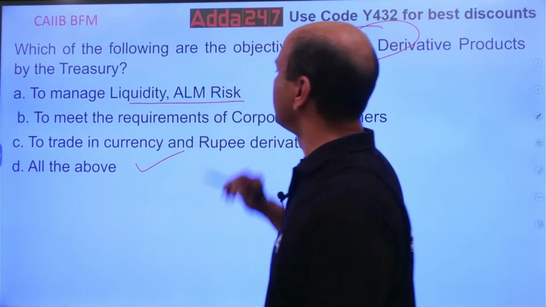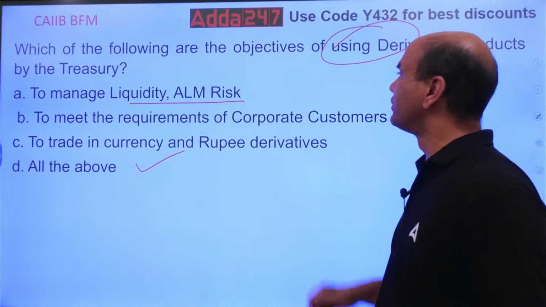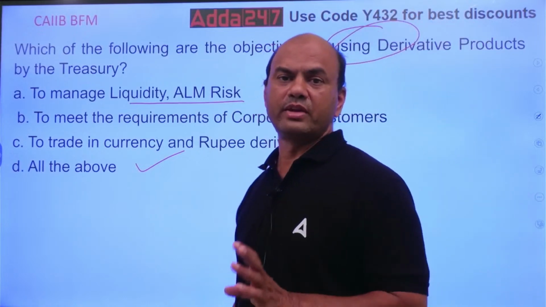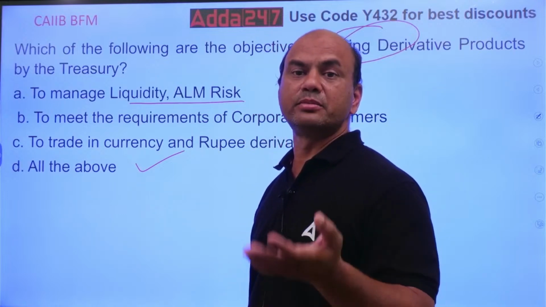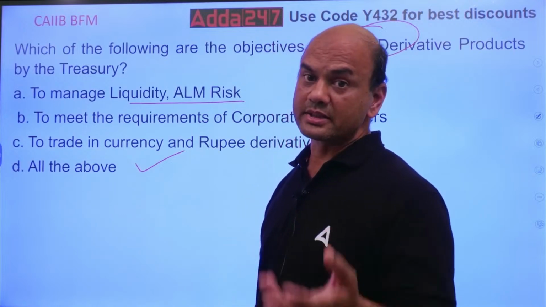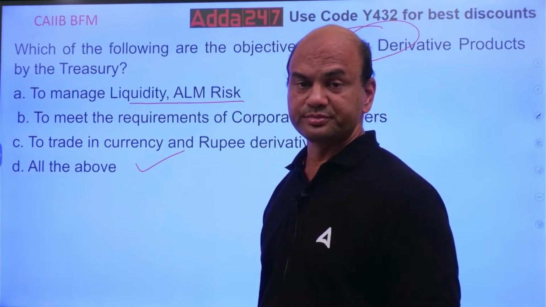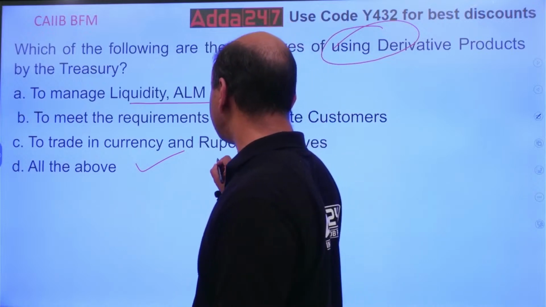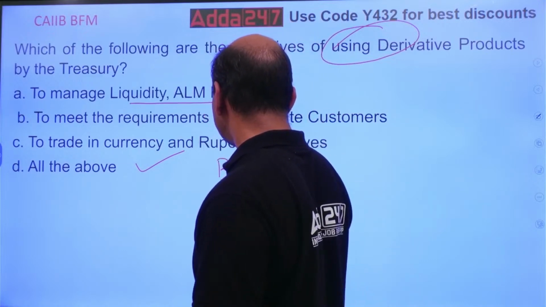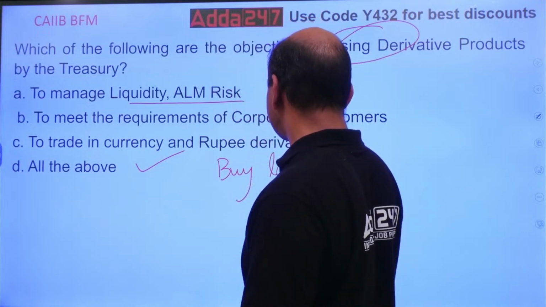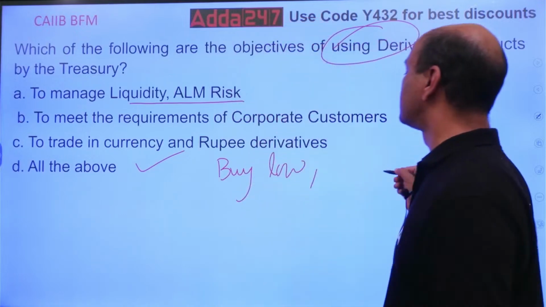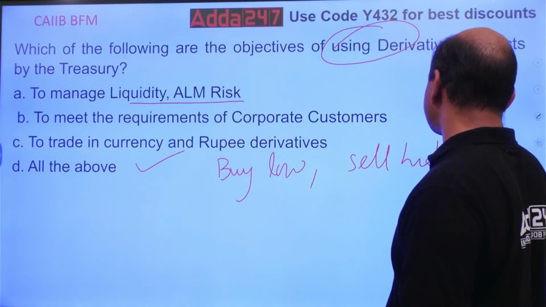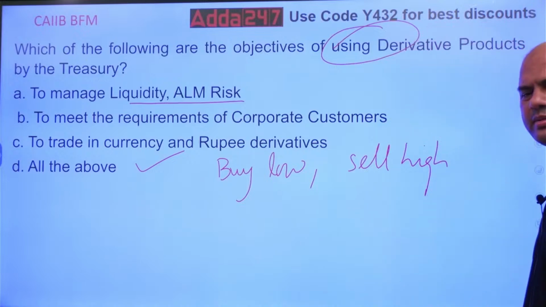Here, manage liquidity and ALM risk. How do you manage ALM in liquidity using derivatives? Kindly note, whenever you buy some asset, let's say you buy some bond, there are chances that the price of the bond might go down. Whenever you buy anything, buy at a low rate, and then when the rate goes higher, sell at a high rate. This is the general principle followed by banks, anyone in business.